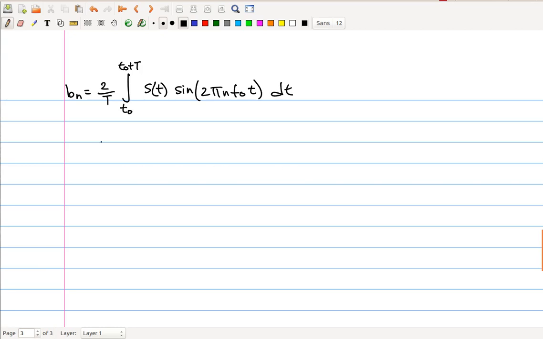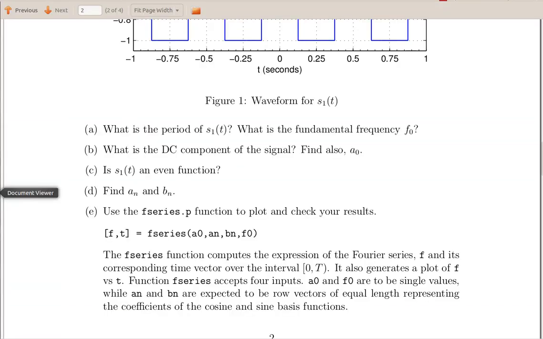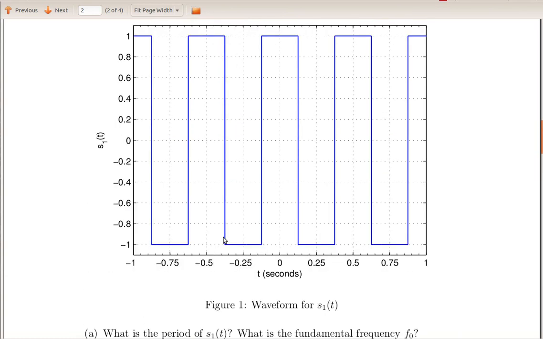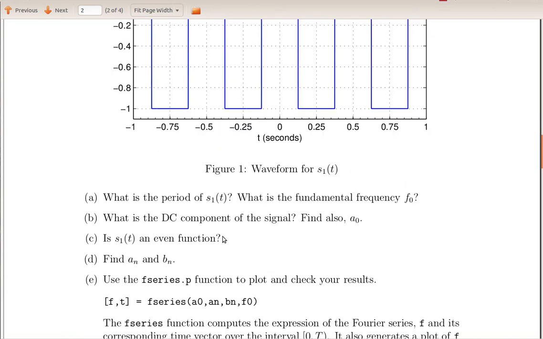Okay, now before we even start, let's have a good look at what we answered just before. Part C says, is s1 of t an even function? And we said in this particular question that it was. Now let's just reflect on what the meaning of bn actually is. bn gives us the odd components of the function.